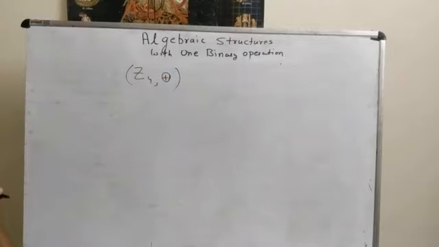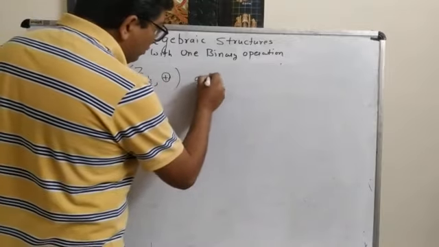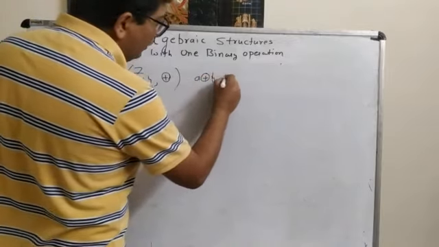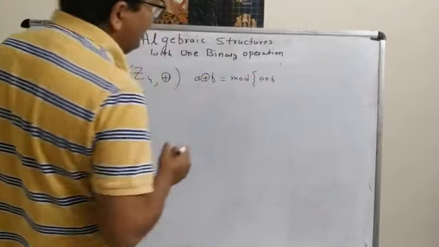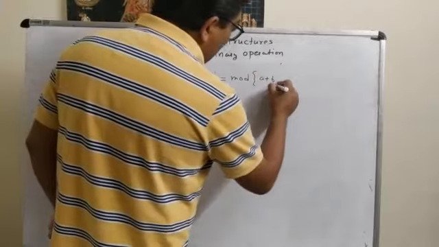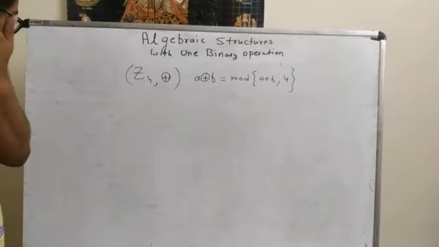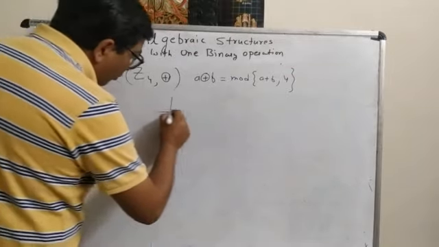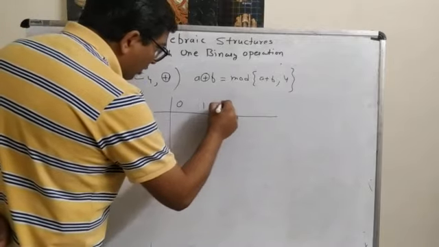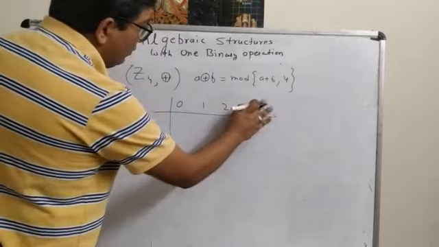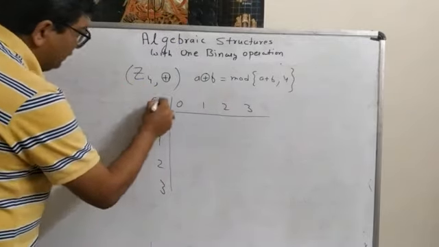We know that this is an algebraic structure in which a plus b is equal to (a plus b) mod 4, because here n is equal to 4. And we can plot the composite table of this algebraic structure like this: 0, 1, 2, 3 up to 3, and 0, 1, 2, 3 with plus.